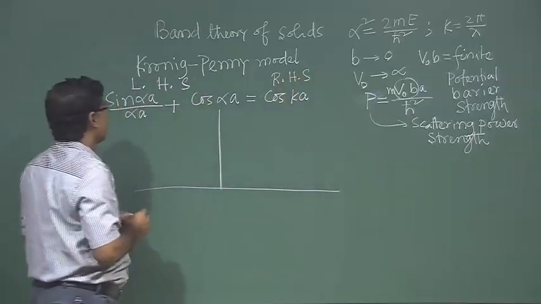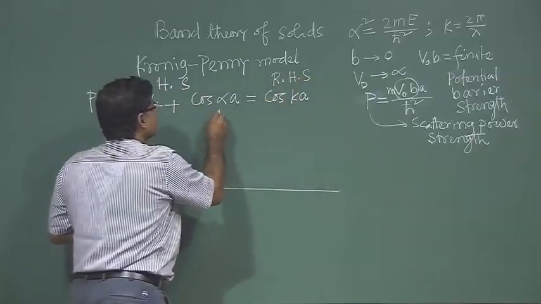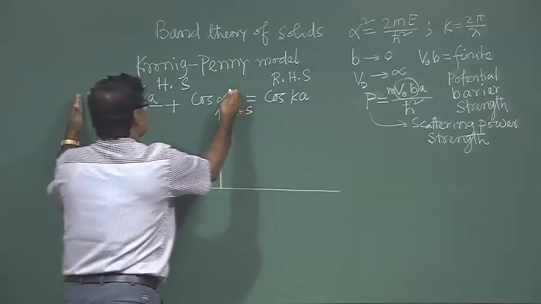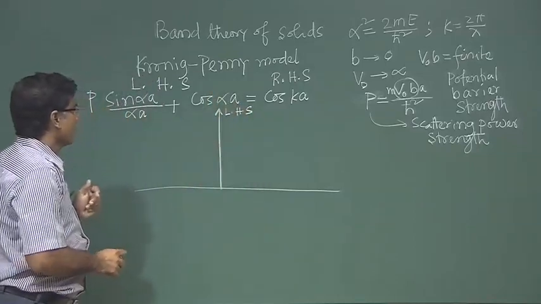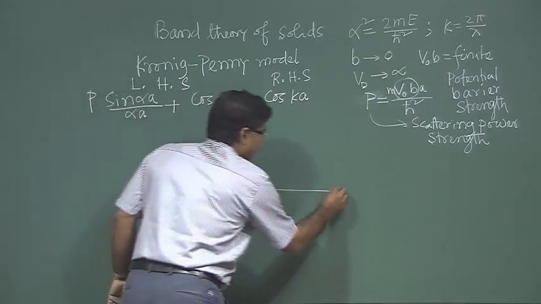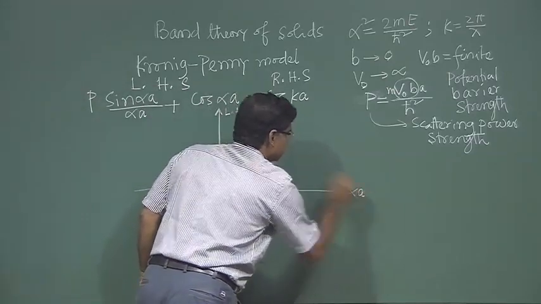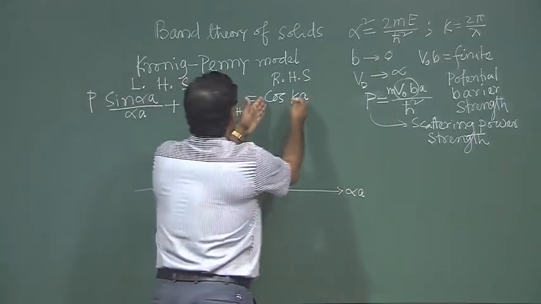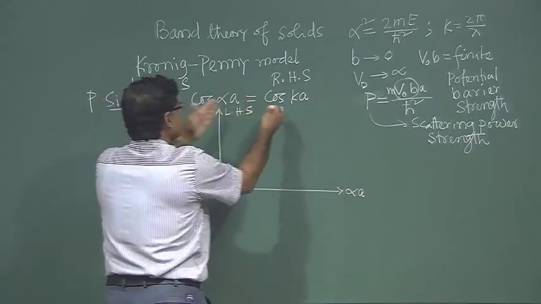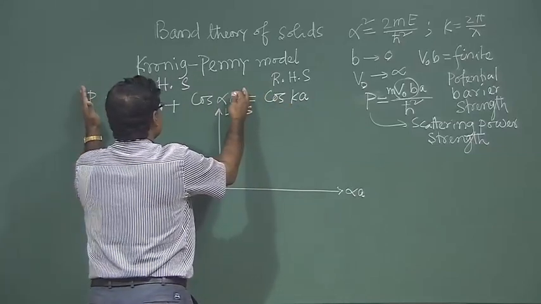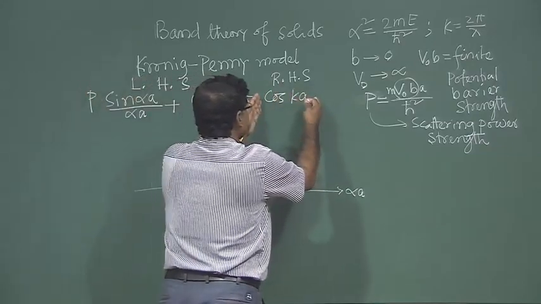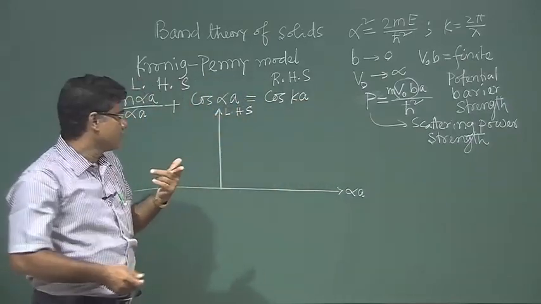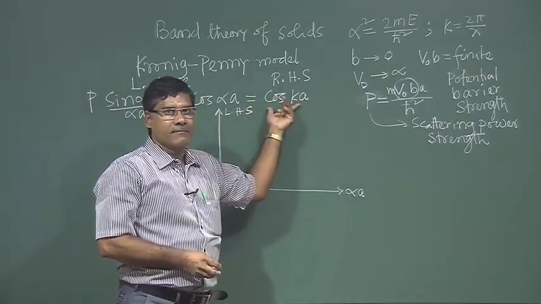If we plot this left hand side as a function of alpha a, the restriction is that the left hand side has to be equal to the right hand side, and the maximum value of the right hand side is plus minus 1.